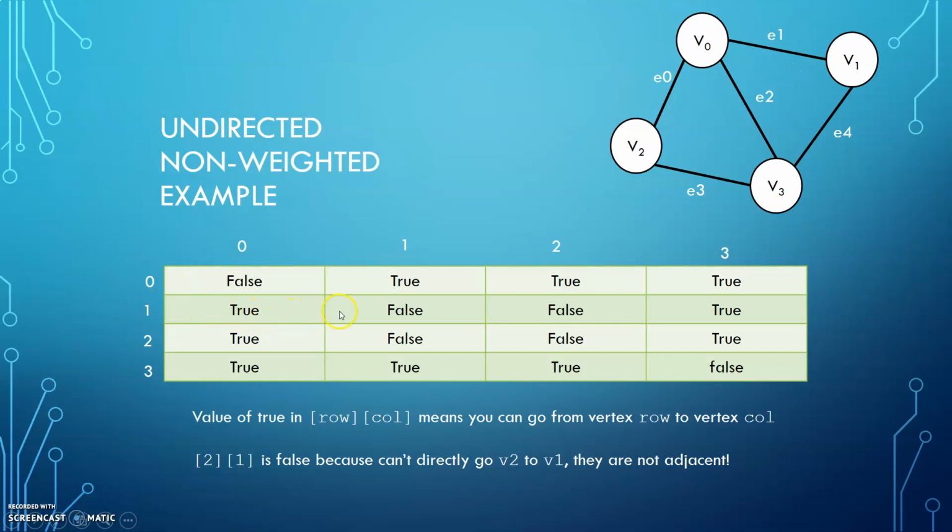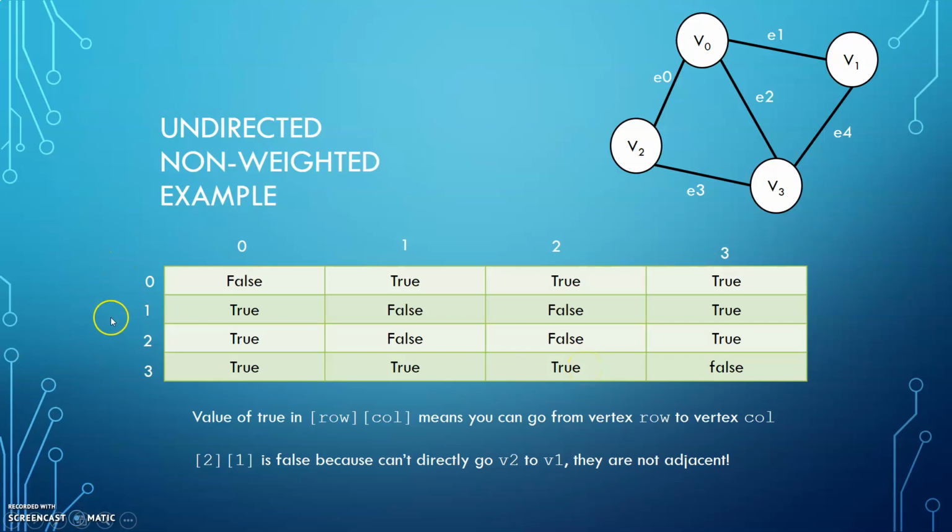From vertex 2's point of view, we have 0, so 2 to 0, and 3, 2 to 3. And from vertex 3's point of view, it's 2, 0, and 1: here we have the 0, here's the 1, and here's the 2.